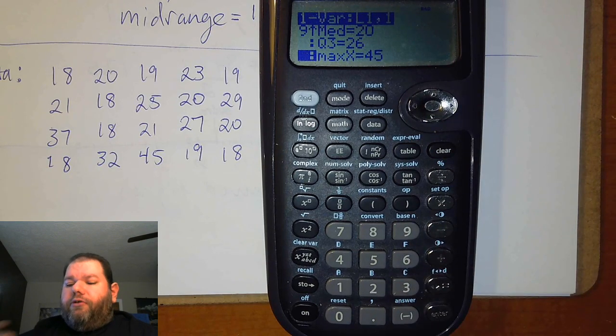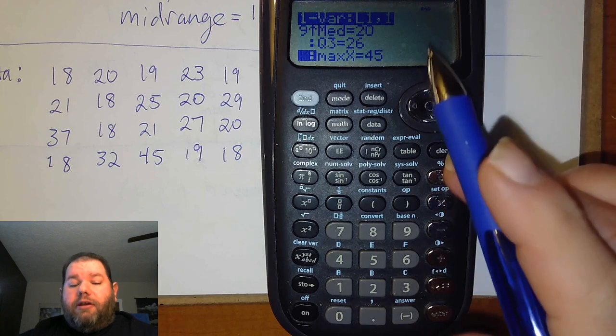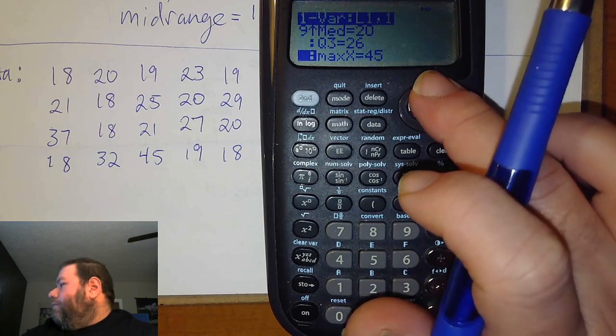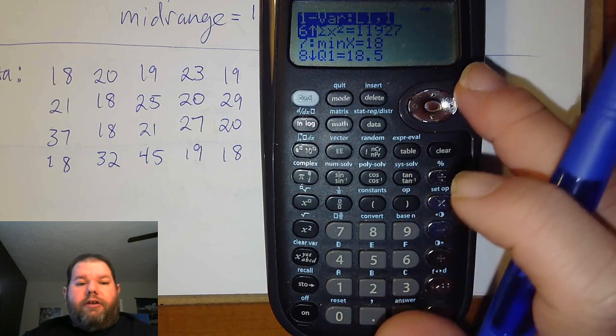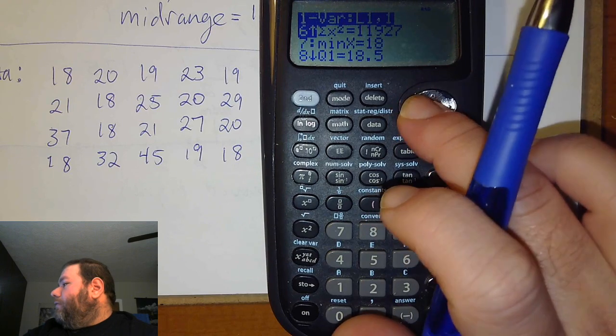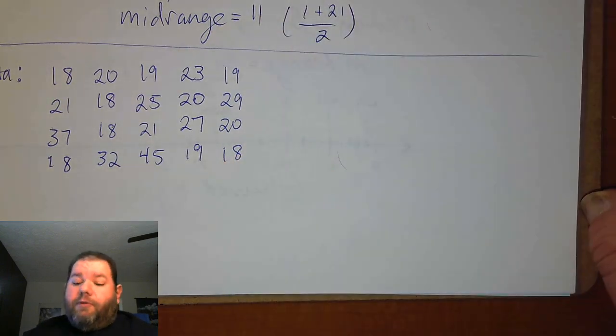Now, you'll notice that we found the median and the mean. We can use the max and the min values to calculate the mid-range. And it does not give us the mode. That's the only drawback.